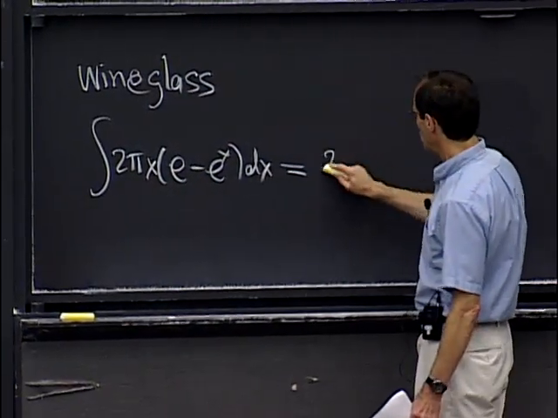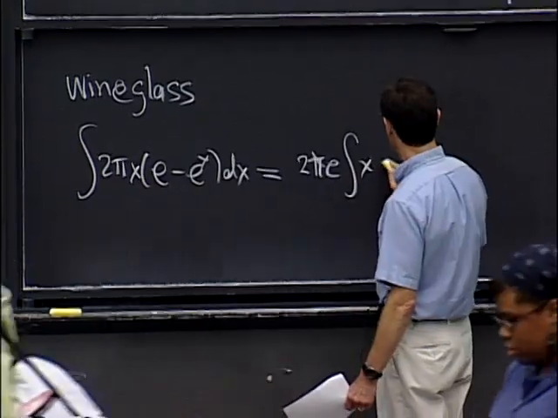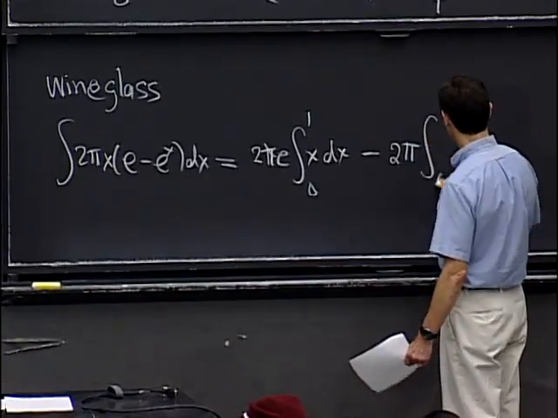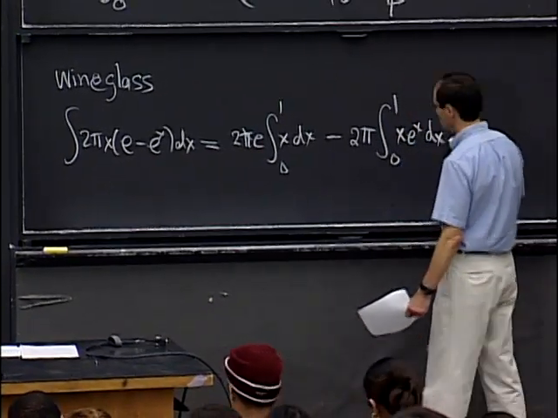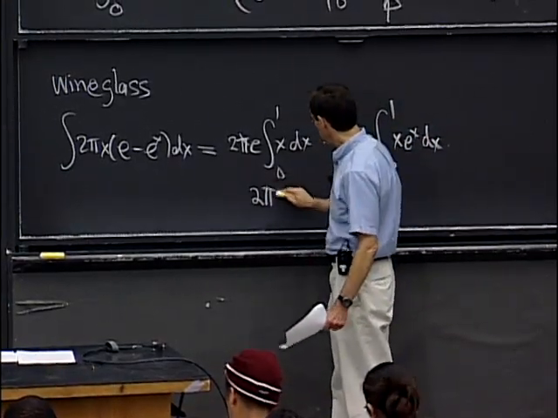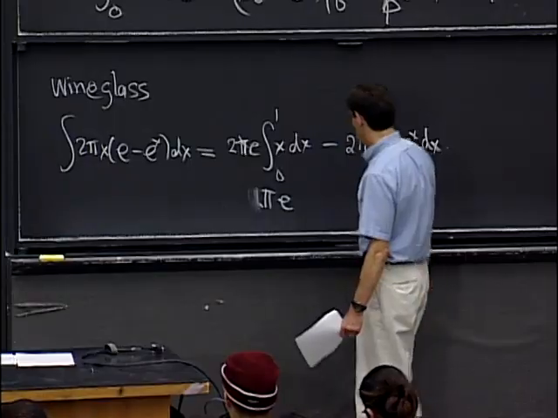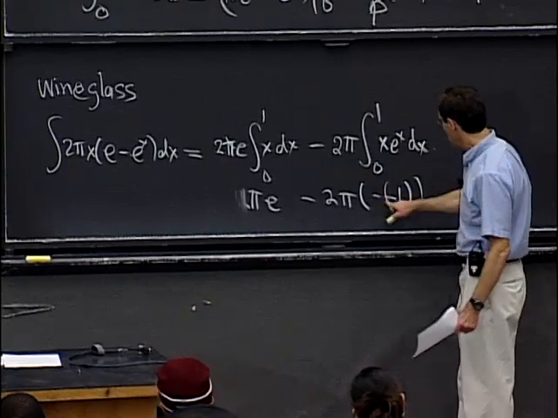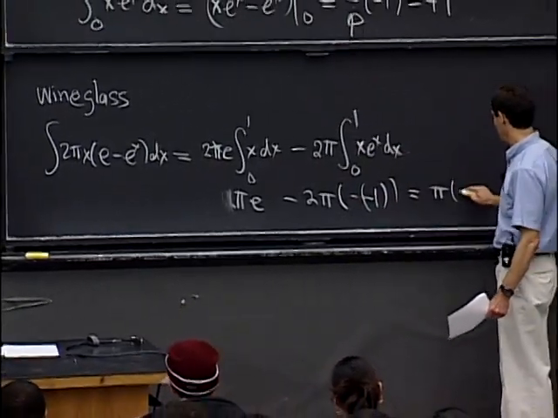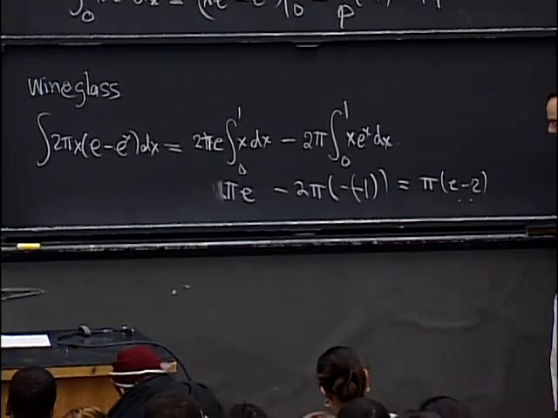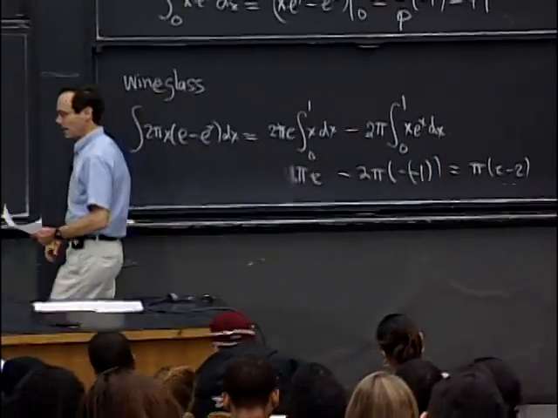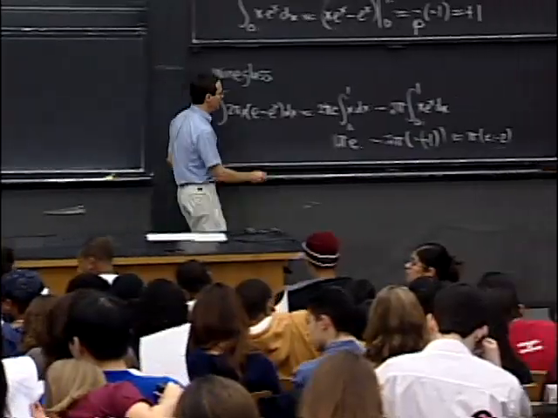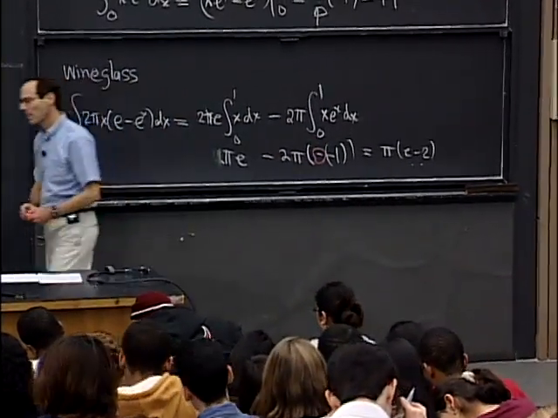And that was 2 pi e integral of x dx from 0 to 1 minus 2 pi integral from 0 to 1 of x e to the x dx. And then I worked this out, and it was 2 pi e, or sorry, pi e. And then this one was minus 2 pi, and what I wrote down was minus 1, but there should have been an extra minus sign there, right? So it's this. The final answer was correct, but this minus sign was missing right there. All right? So just right there. All right.